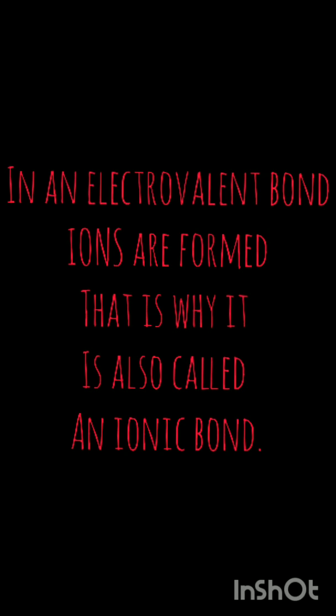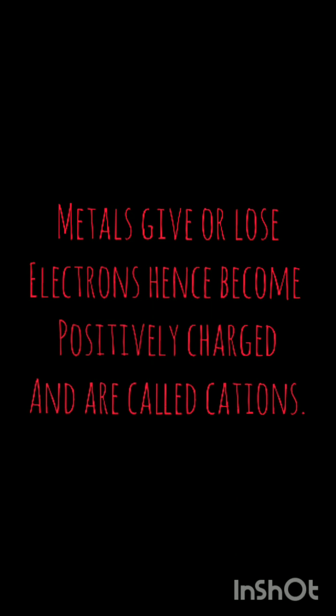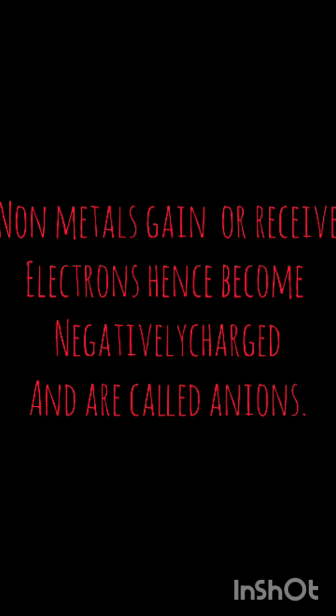So in an electrovalent bond, ions are formed. That is why it is known as ionic bond. And I told you metals always give away electrons and they form a positive ion. Non-metals receive electrons and they form negative ions.